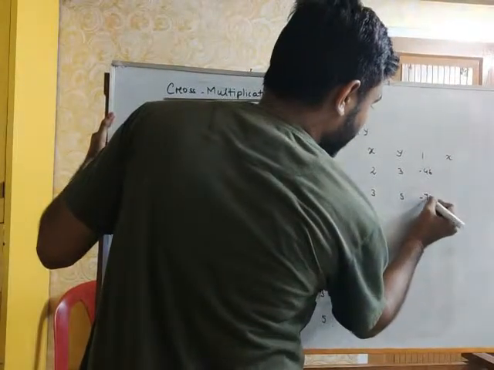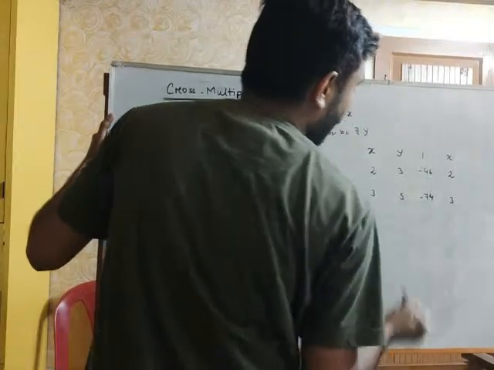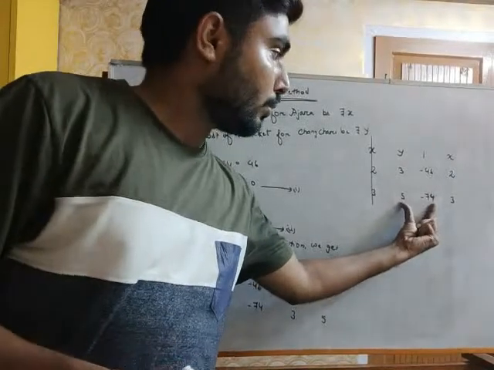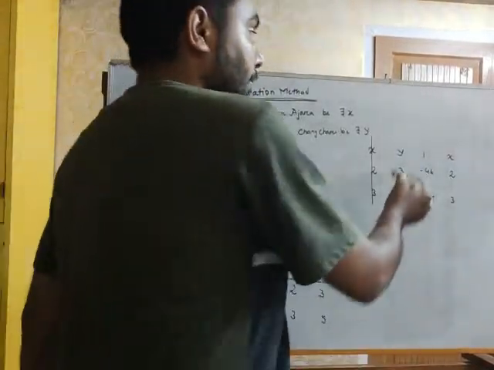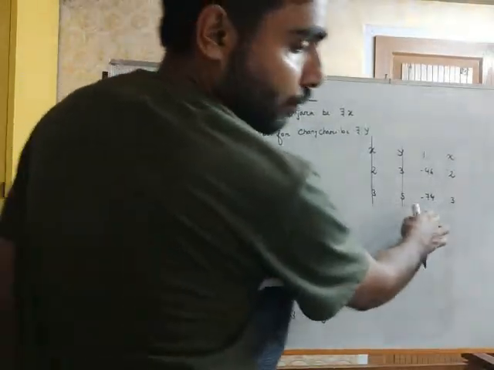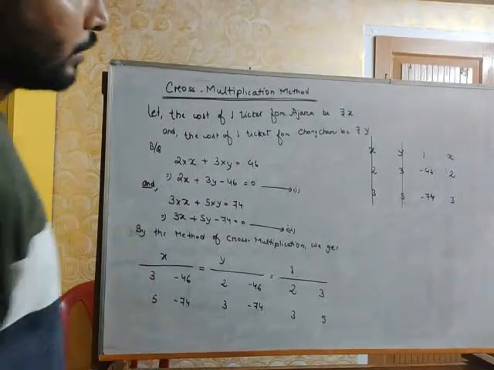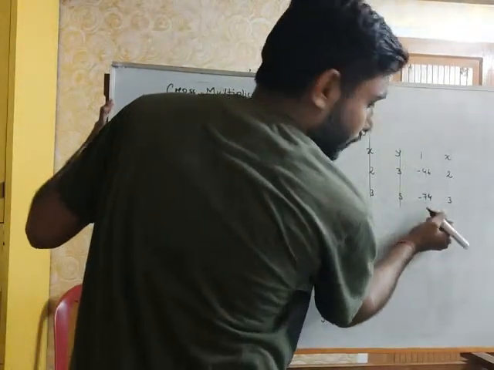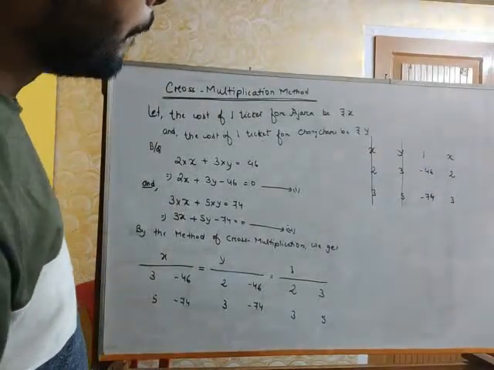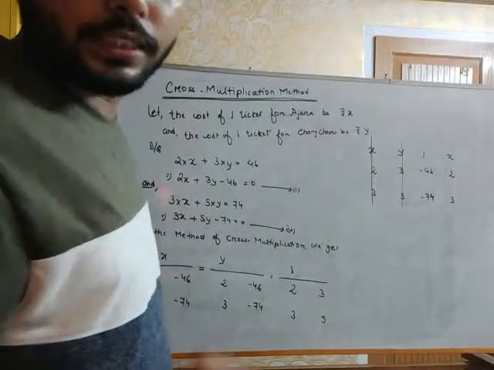minus 46 and minus 74. Again repeat x, okay, 2 and 3 for x. Forget it. Then y and constant term will come. For y, forget the y, so you will get x and 1's coefficients. Okay, you will get like this.